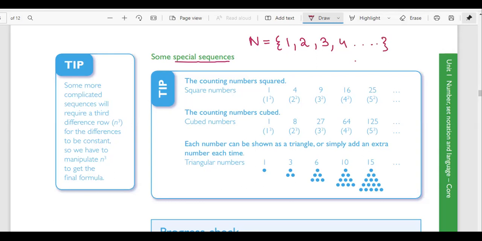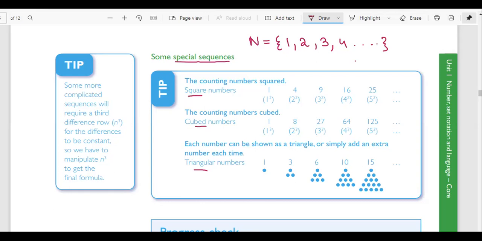After that, we talked about some sequences as well, but we did not discuss them in depth, and we will not be doing that because we have a separate chapter for that. In this chapter, we'll only talk about these sequences: square numbers, cube numbers, and triangular numbers.